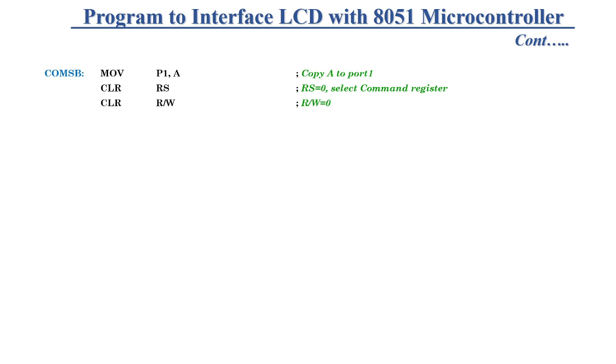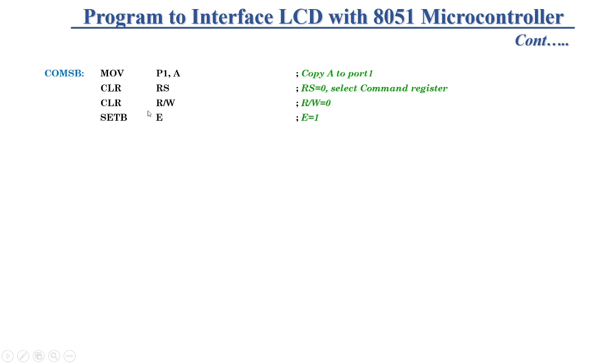Then we have to write that command to the LCD, so we have to choose the write operation. So we are making the read/write pin equal to 0 by using the instruction CLR RW. Then to write that command to the LCD, we have to enable the LCD. So we have to give a high to low pulse to the LCD.